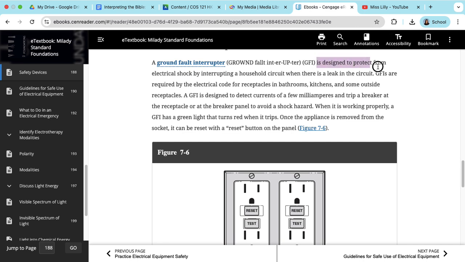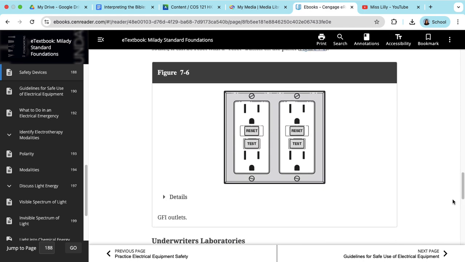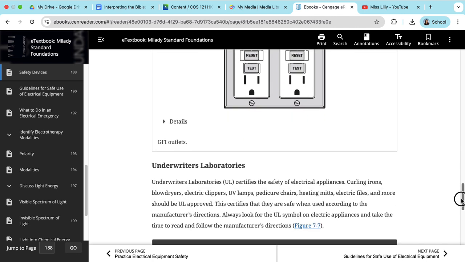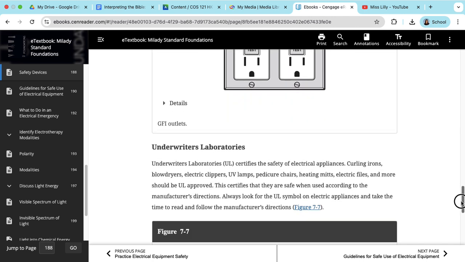It's designed to protect from electrical shock by interrupting a household circuit when there's a leak in the circuit. And there's the picture. UL stands for Underwriters Laboratories. They certify the safety of the electrical appliances.